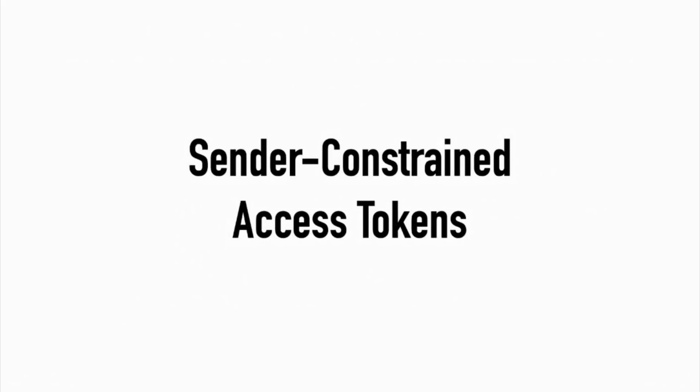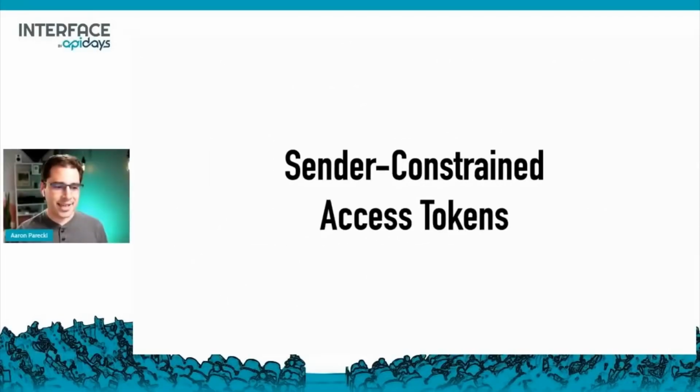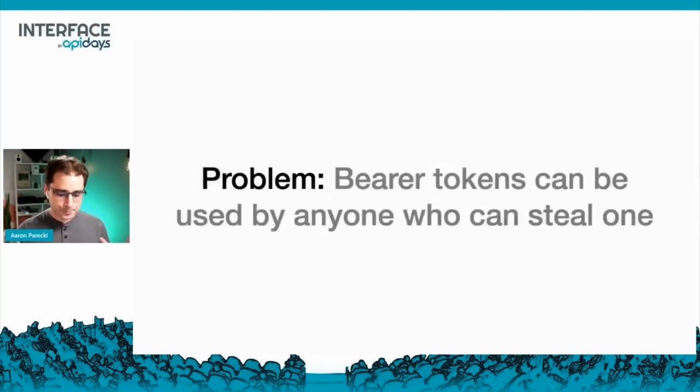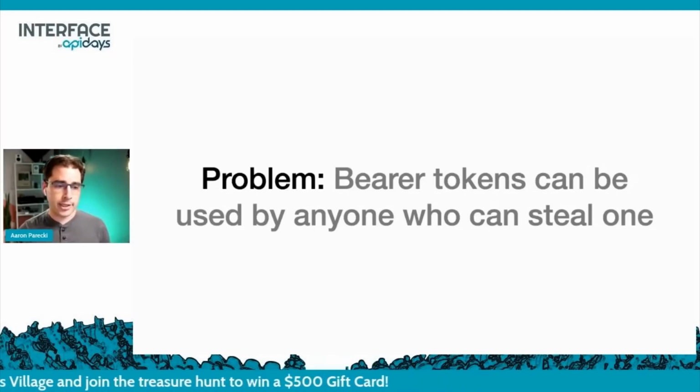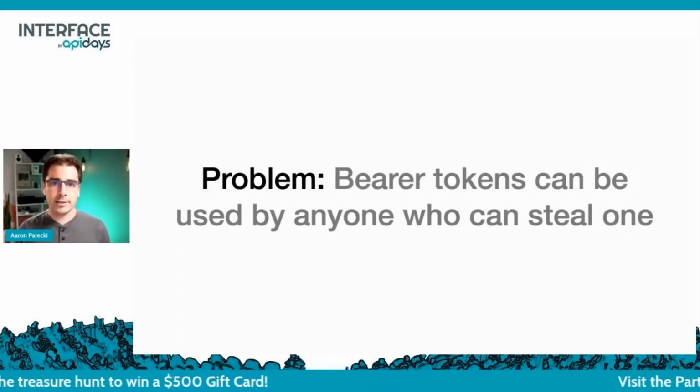Another topic that is highly in flux is this idea of sender constrained access tokens. What I want to get at here is that there is an underlying problem with bearer tokens, which was actually the reason that it was split out into a new RFC way at the beginning of OAuth, which is that if you can steal one, you can use it. And again, think of the hotel card key example.